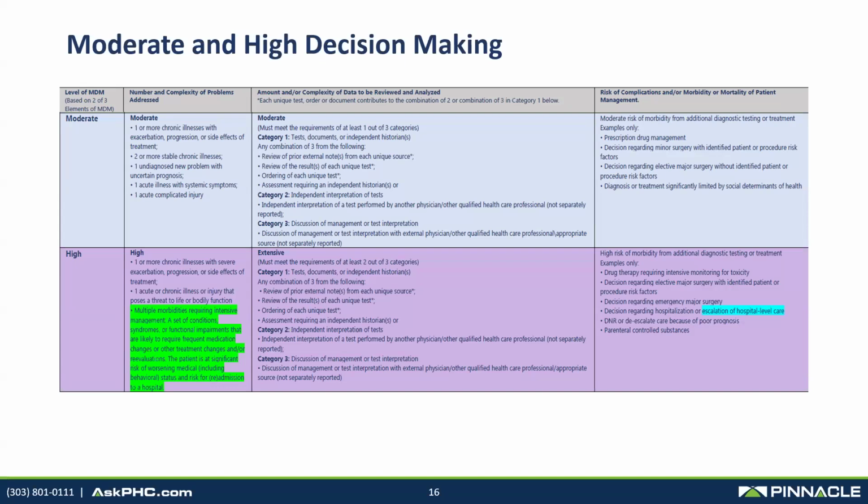Again, we still have the extensive, we have to meet at least 2 out of the 3 categories for data.